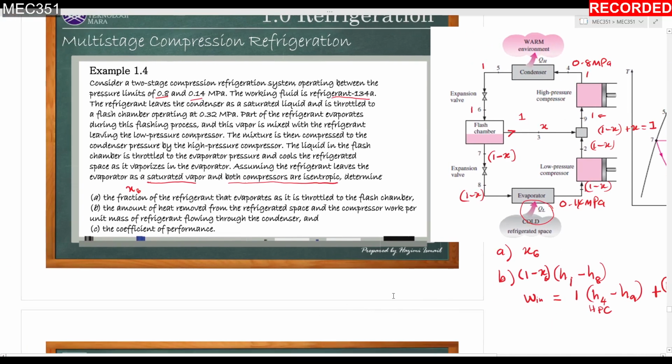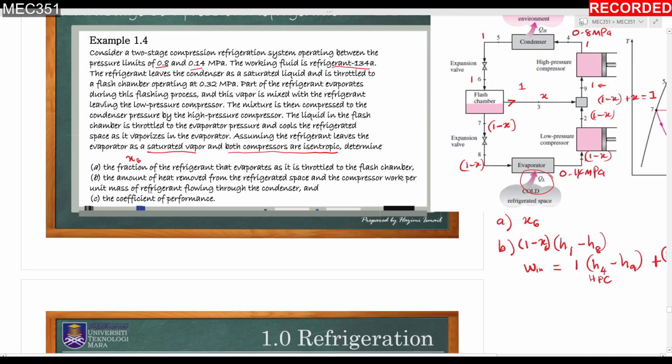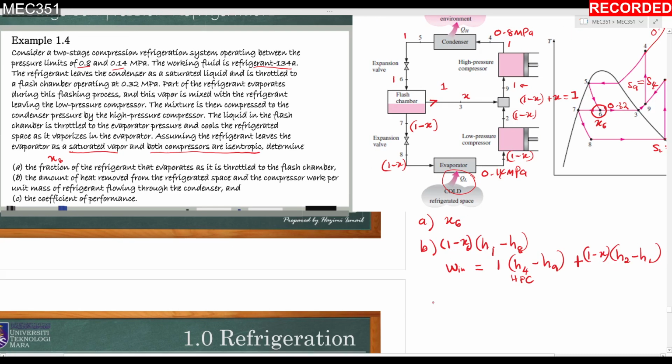Okay, so the last question, C, the coefficient of performance. So C is the COP. The value of COP can be determined by QL over total work in. Here is the total, and this one is QL.